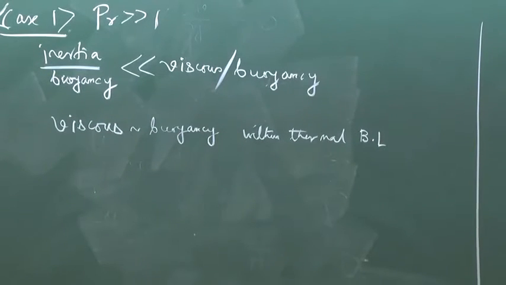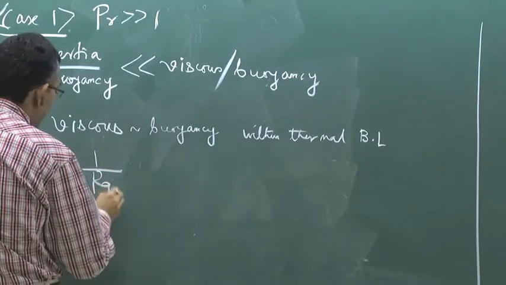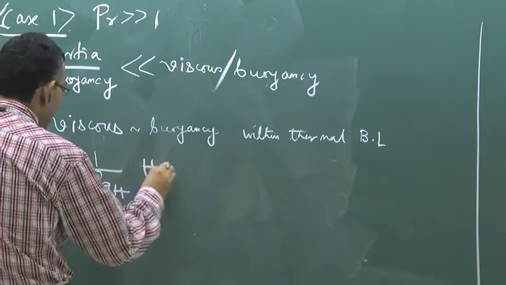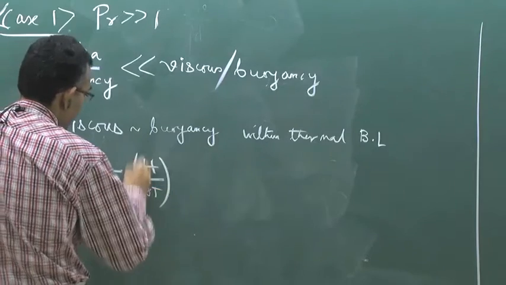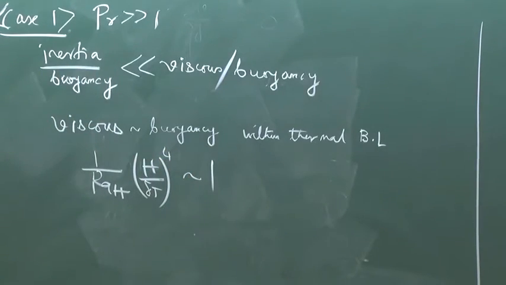So viscous is of the order of buoyancy, means 1 by Rayleigh number into H by delta T to the power 4 is of the order of 1, right. These two are of the same order.